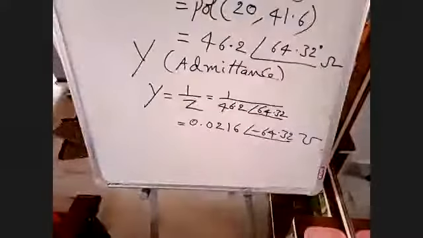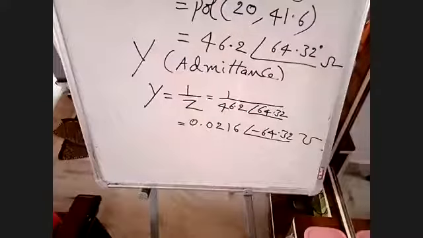If an angle in the denominator comes to the numerator, it becomes minus. So it is minus 64.32. This is in polar form. And the unit of admittance is Siemens. Now convert this to rectangular form.